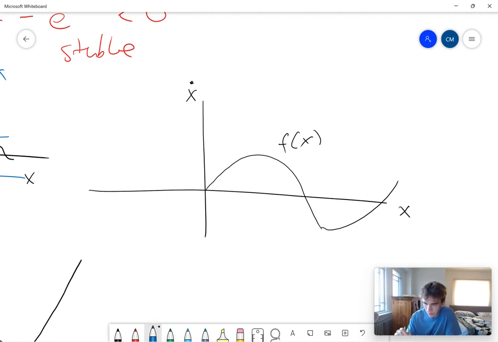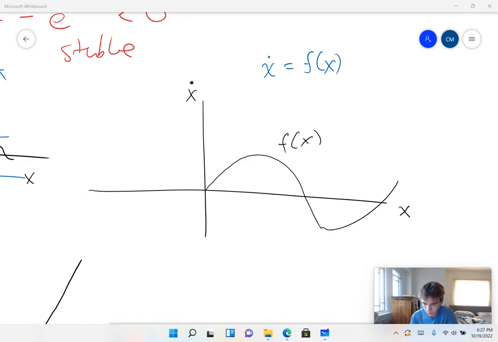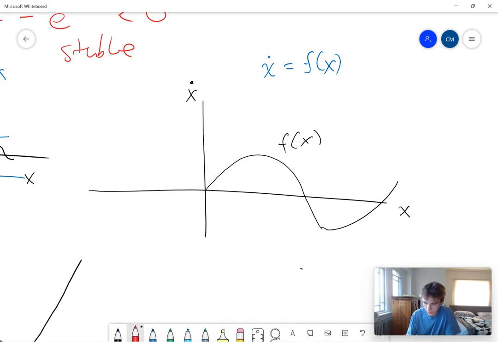And we're always going to be dealing with the equation x dot is equal to f of x for the foreseeable future. Now, if I look at the behavior of my trajectories on the x-axis, I observe that, okay, we have a negative slope here. This is stable, unstable, unstable, right?